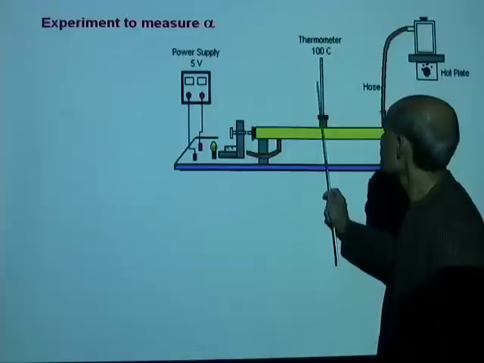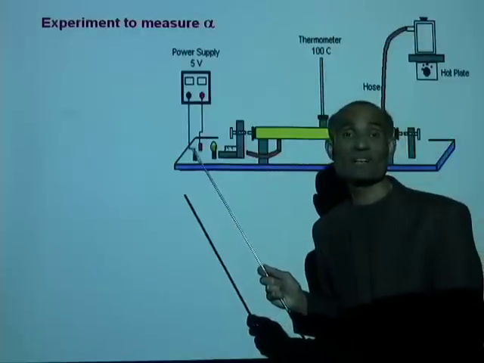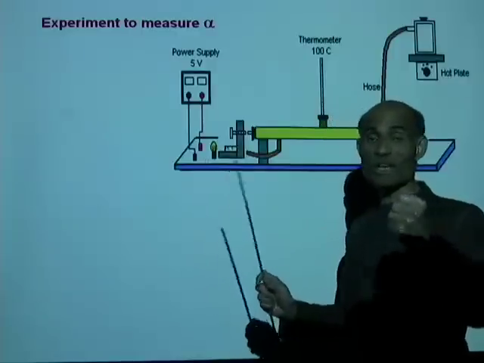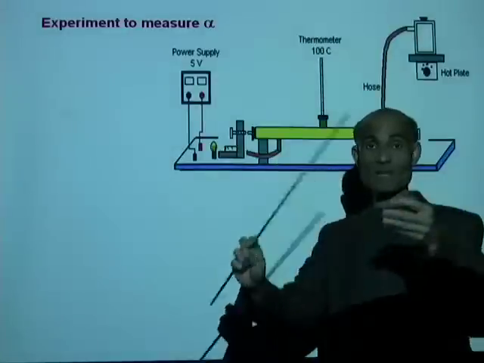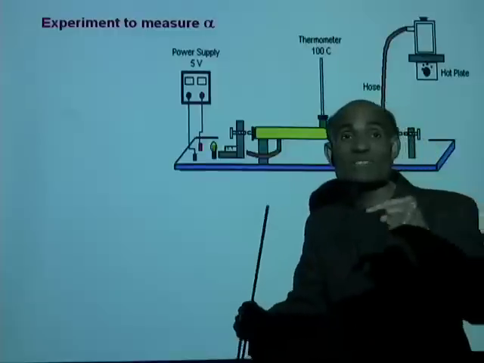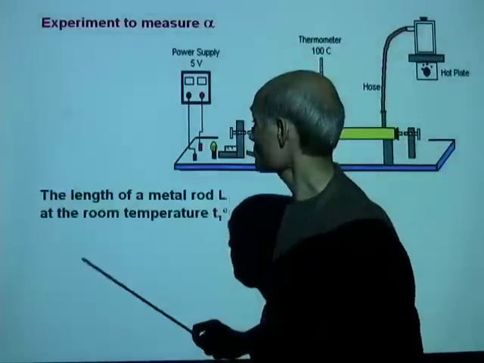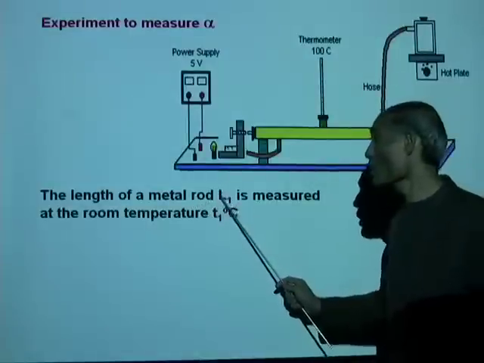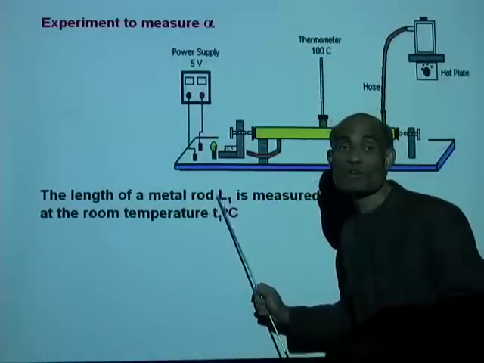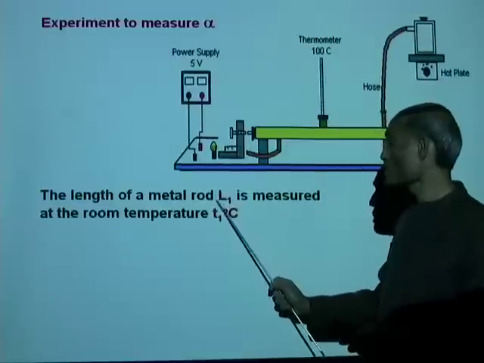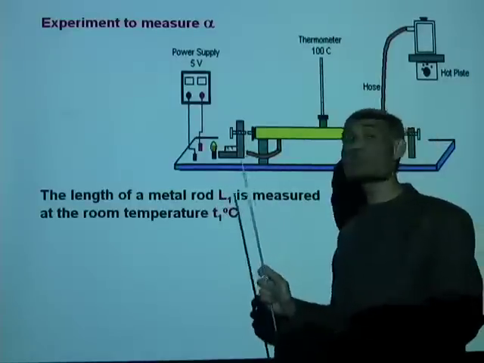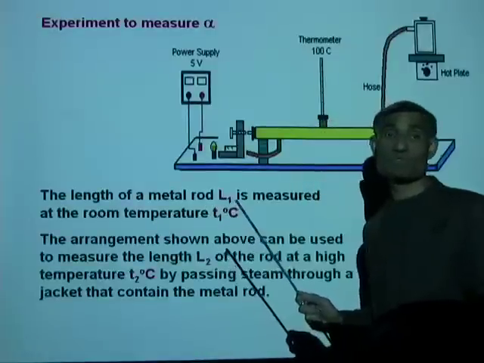So in the steam jacket, you can use the thermometer to measure the initial and final temperature. You can measure the initial length before you put the rod in there, and the micrometer can be used to measure the increase in length. Okay, so the length of the metal rod L1, as I had told you, in place of L0, I'm going to use L1. The original length at T1 degrees Celsius is L1, and that is measured at the room temperature.